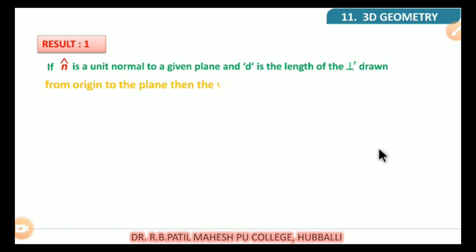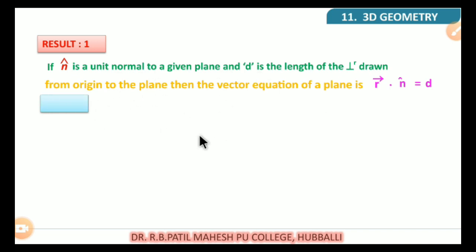If n cap is the unit normal to a given plane and d is the length of the perpendicular drawn from the origin to the plane, then the vector equation of a plane is r vector dot n cap is equal to d. Again, the same statement.